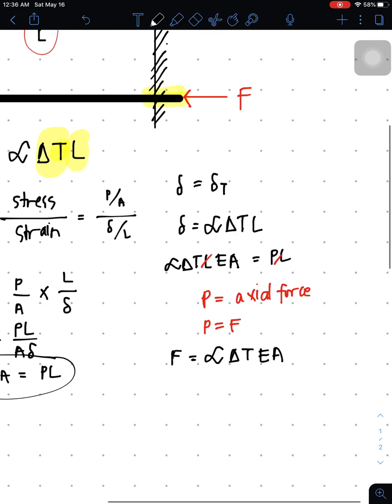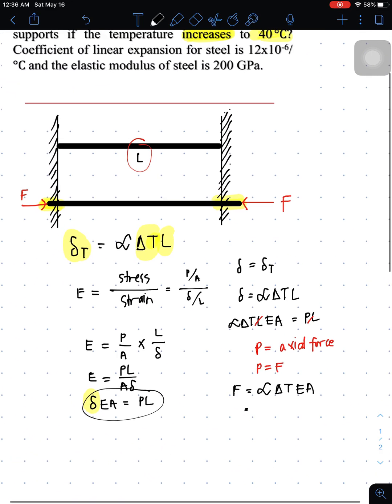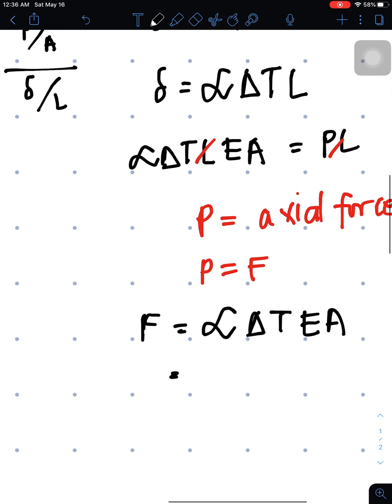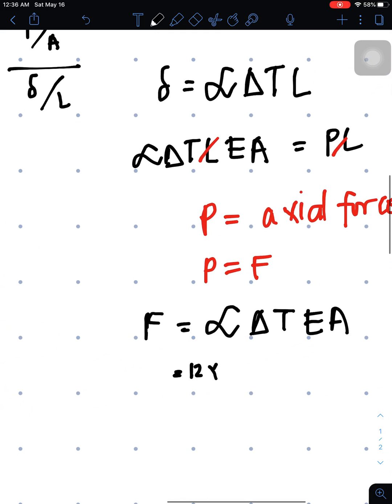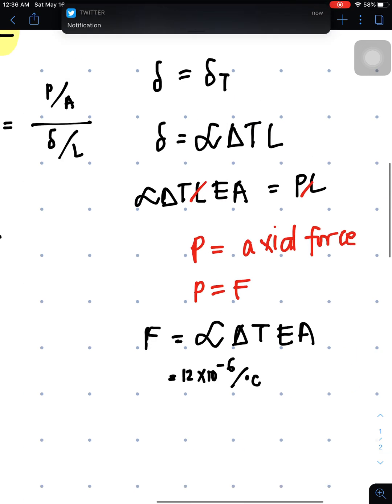So let us substitute. What is our thermal expansion? That's 12 times 10 to the negative 6 per degree Celsius.